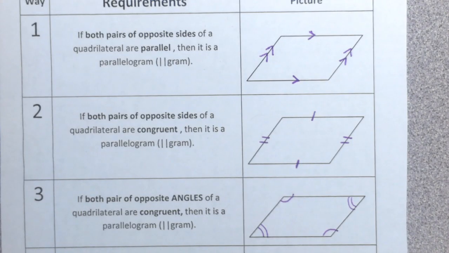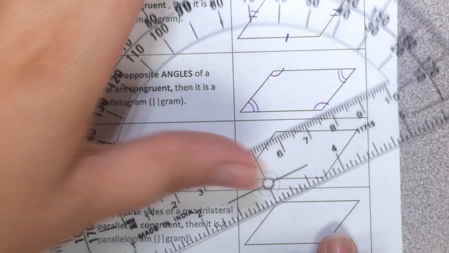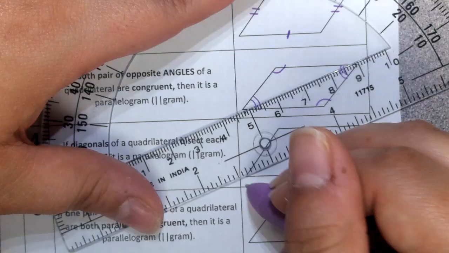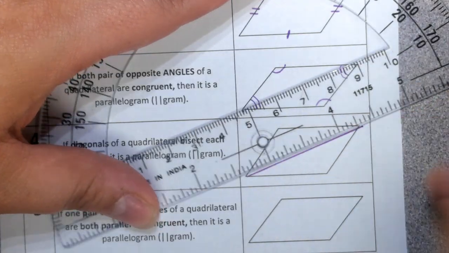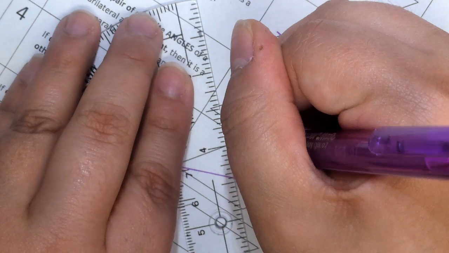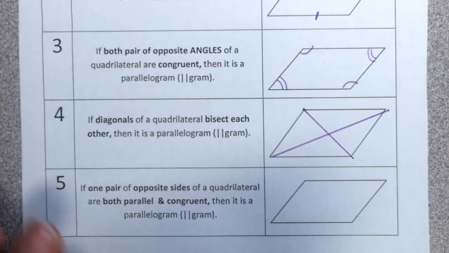Okay. The next one, I need you to get your protractors out and make your diagonals. Draw your diagonals on this. How do I show if diagonals bisect each other?